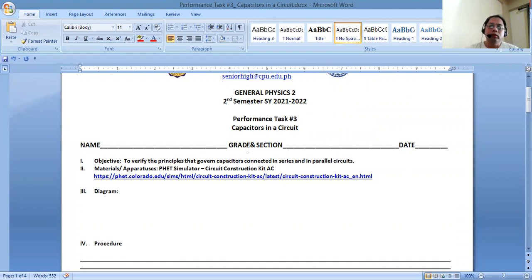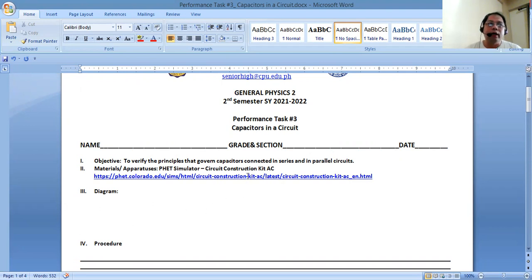So in each of these kinds of connection, you will have those three governing principles, specific to either series-connected or parallel-connected capacitances.